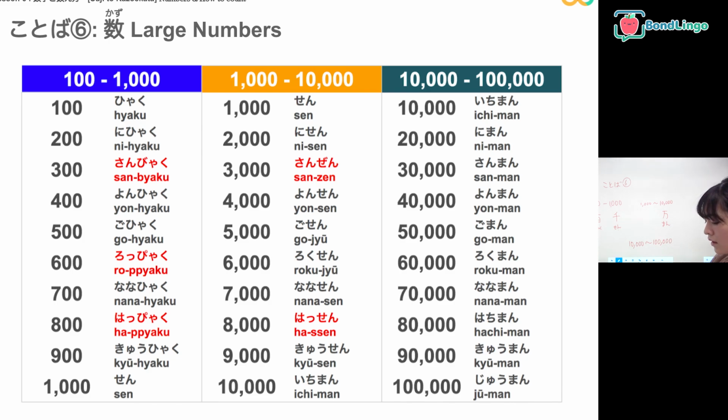Again, 10,000 is ichiman. 20,000, niman. 30,000, sanman. 40,000, yonman. 50,000, goman. 60,000, rokuman. 70,000, nanaman. 80,000, hachiman. 90,000, kyuuman. And 100,000 is juuman.